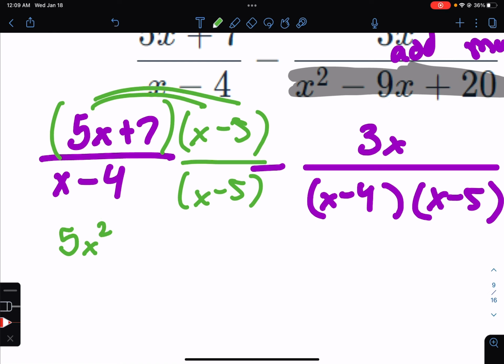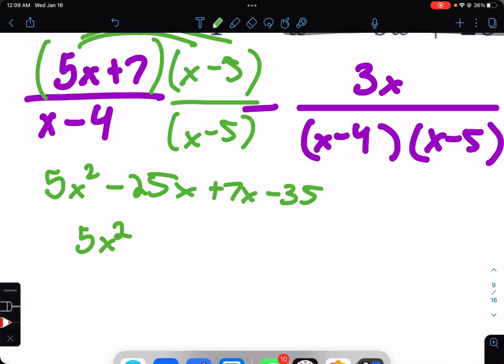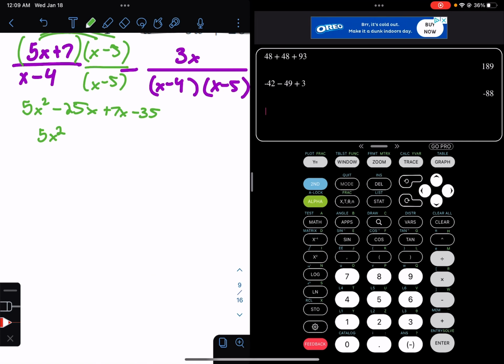All right, so we get 5x squared minus 25x plus 7x minus 35. So I'm just going to combine like terms real quick. We get 5x squared. It's late, so I'm going to use a calculator so I don't make a silly error. Minus 25 plus 7. We get minus 18x minus 35.